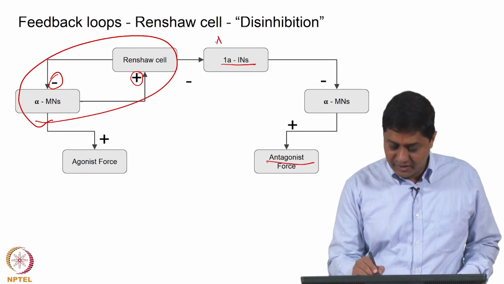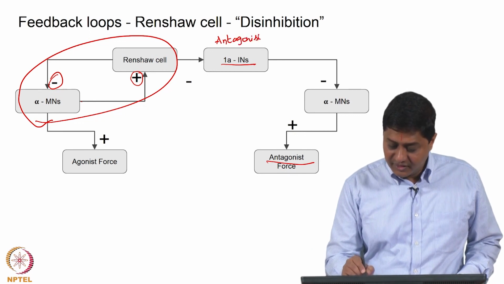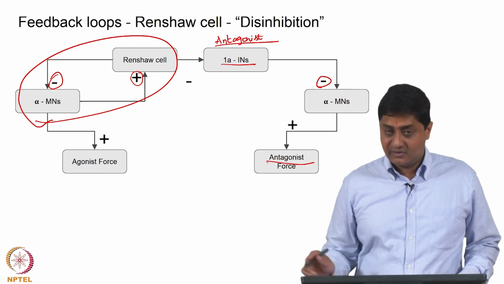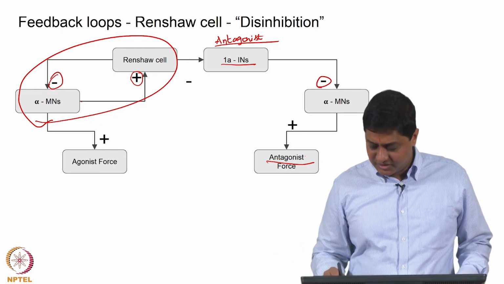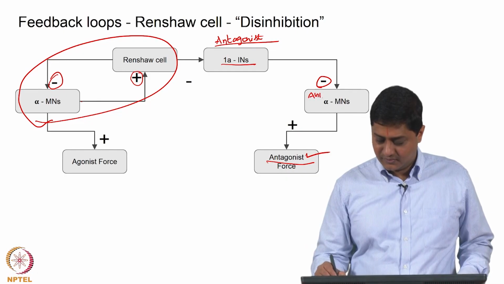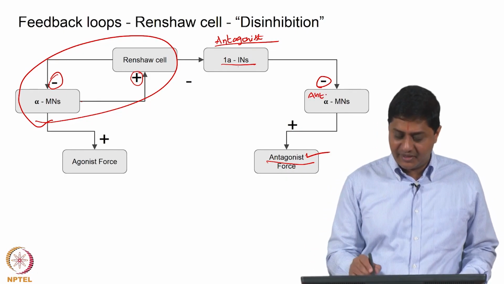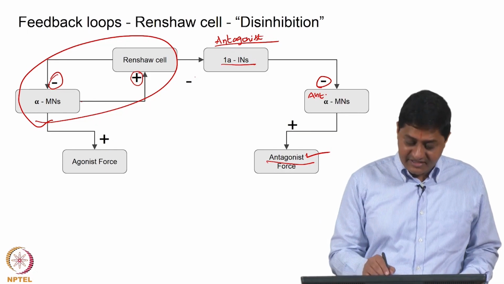This is which 1A interneuron? This is the antagonist 1A interneuron. This antagonist 1A interneuron is inhibiting the alpha motor neuronal pool of the antagonist. This is the alpha motor neuronal pool of the antagonist that is getting inhibited by the 1A interneuron. Its activity itself is inhibited.